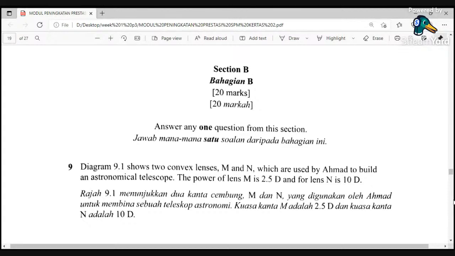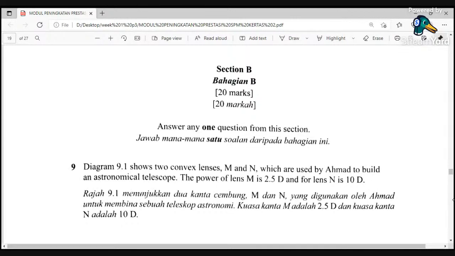Okay, we continue revision session for Trial Kedah Paper 2, Section B and Section C. Okay, look at question number 9.